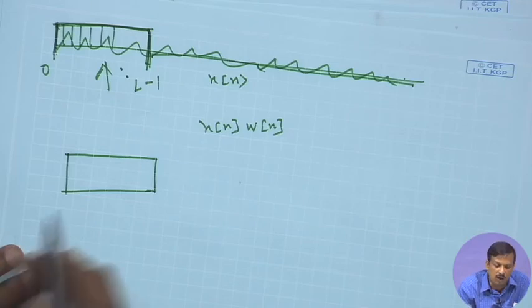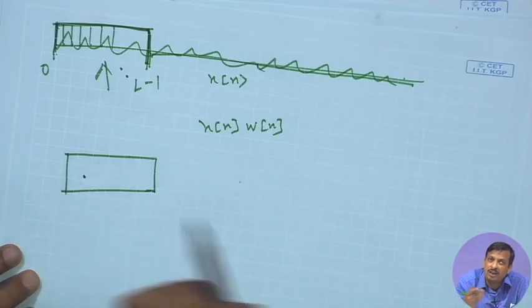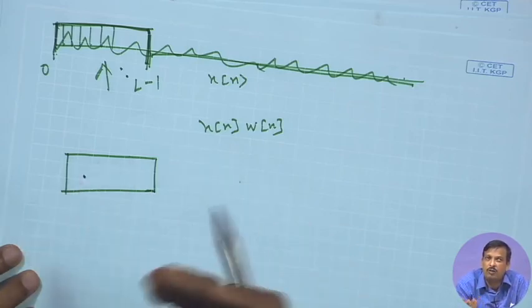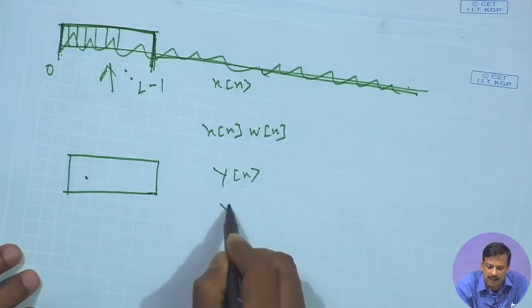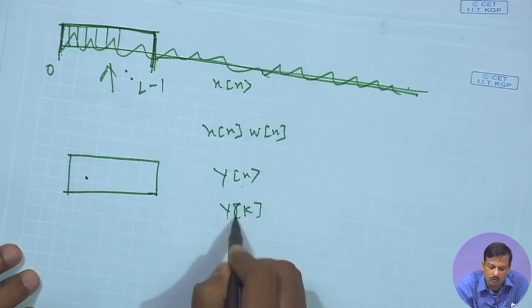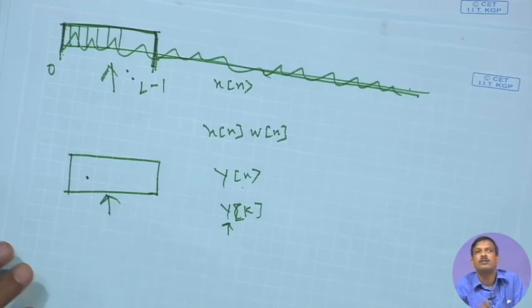Okay. Now, once I apply the rectangular window, the frequency response of the output y[k] also contains the frequency response of this window function.